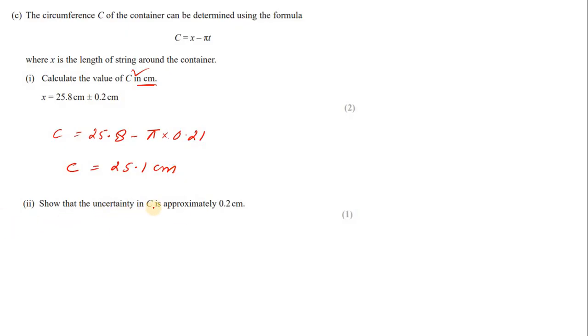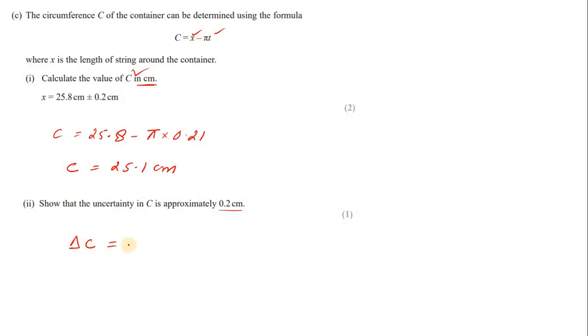Show that uncertainty C is approximately 0.2. So we need to find delta C. In this case, C depends upon x and T, and both are subtracting. If quantities are only subtracting or adding, then their uncertainties are always added.